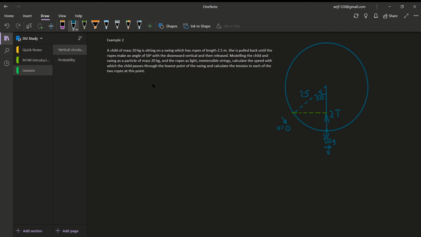Following my normal process, we're going to be looking at kinetic energy gained here. Because we're going down the circle, KE gain is going to equal GPE lost.